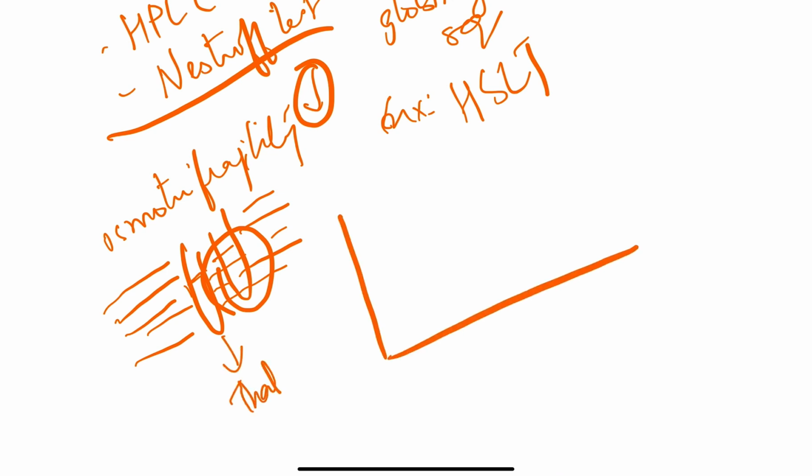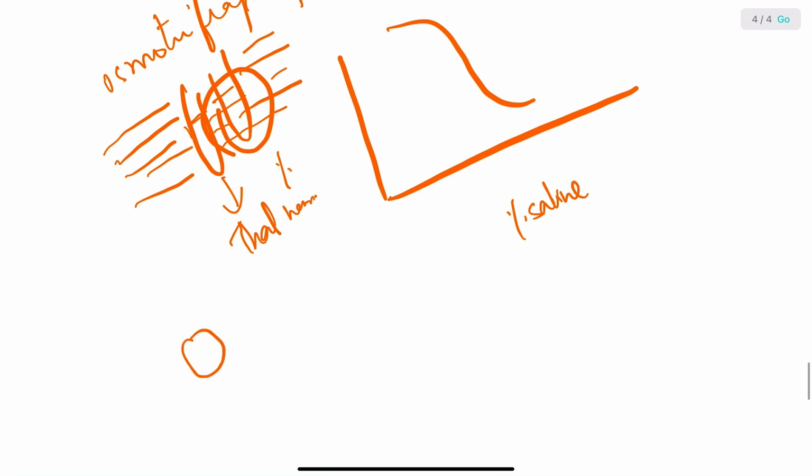So if you see, this is the graph, this is the percentage of saline, and this is percentage of hemolysis. This is how the normal osmotic fragility curve is like. So basically what is happening is, this is the RBC and you're putting it in saline.